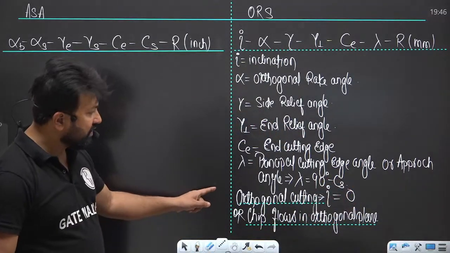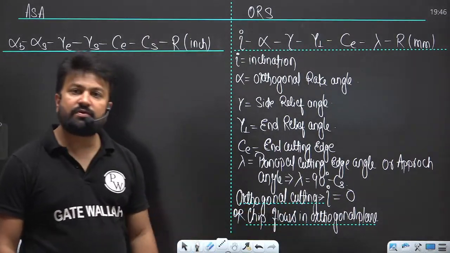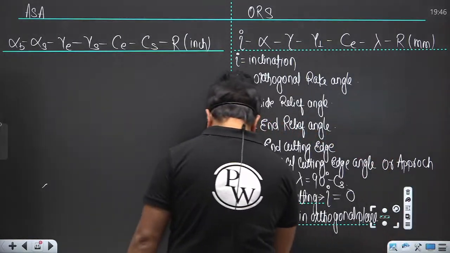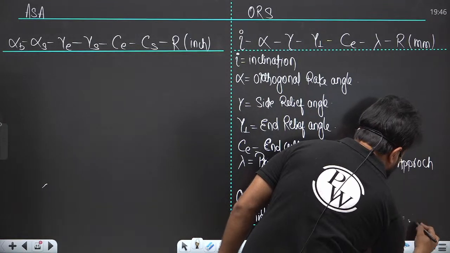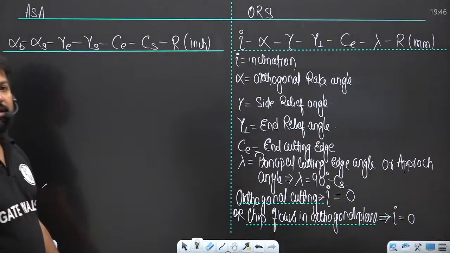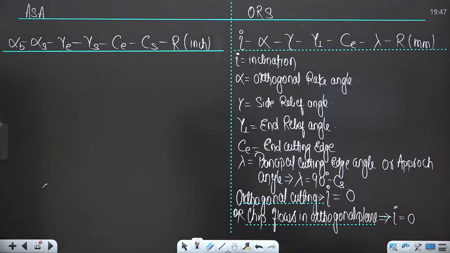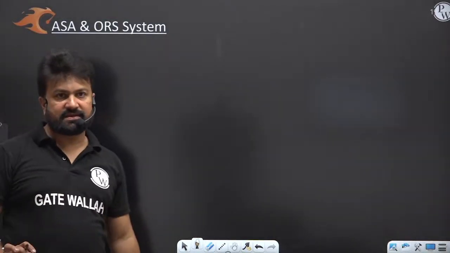Either you say orthogonal cutting or the chip flows in the orthogonal plane, the meaning remains the same. Is it clear? I hope this point is crystal clear, ASA and ORS system.